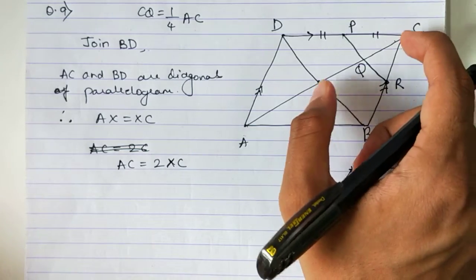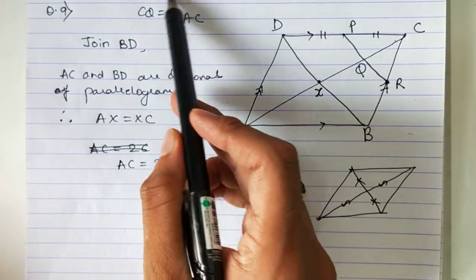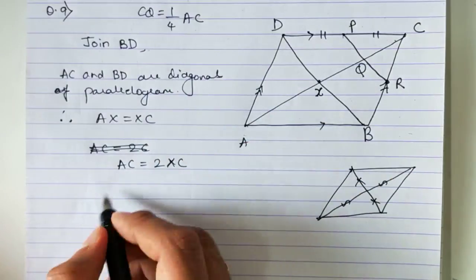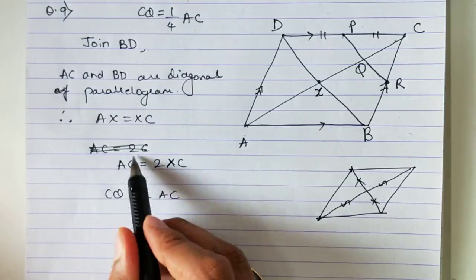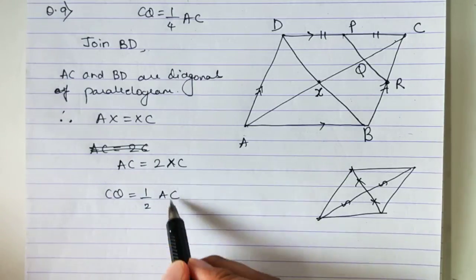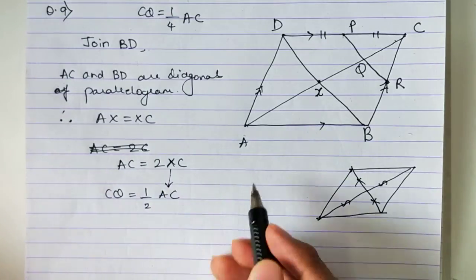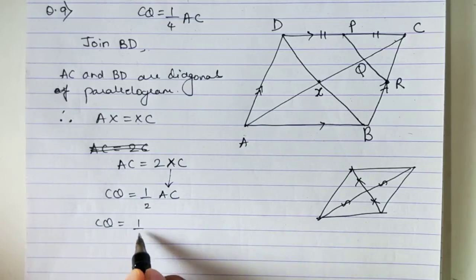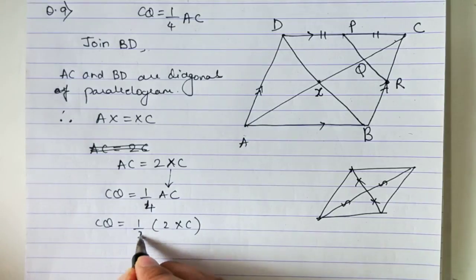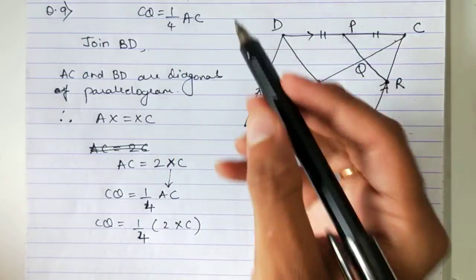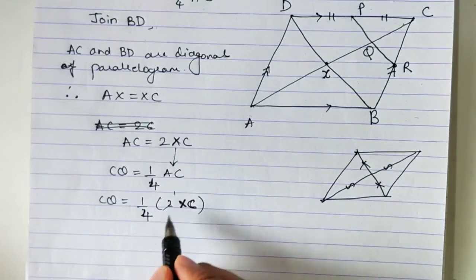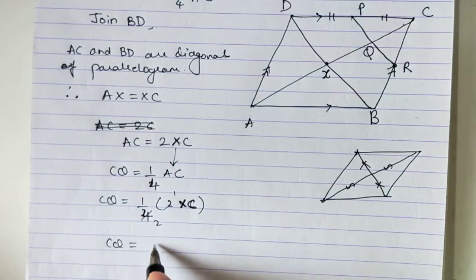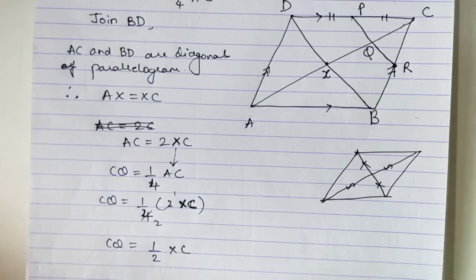Okay, this AC is nothing but twice XC. Why did I write this? Because see, in the question it is given CQ is 1/4 of AC. Now in the place of AC, I can write 2XC, correct? So CQ is equal to 1/4 of 2XC, which becomes half of XC, correct?